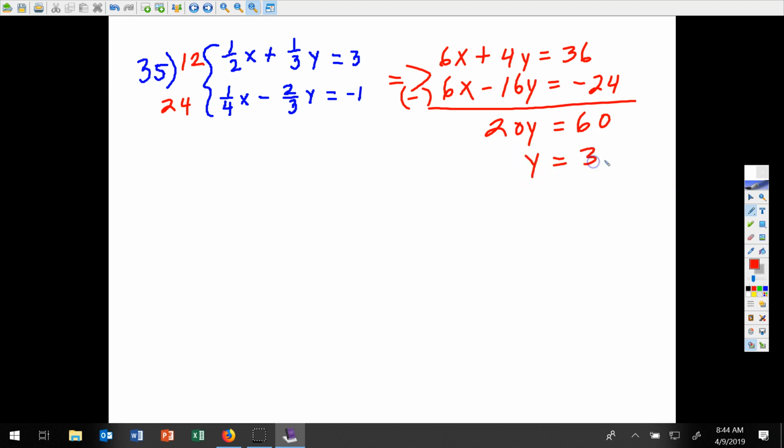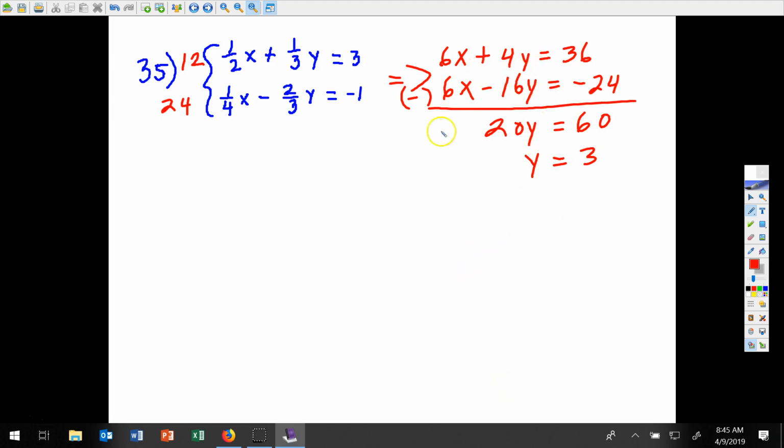So who got Y as 3? Okay. So which equation do you think it would be better to plug 3 into for Y? Top or bottom? And you can use these as well once you've already changed them from their non-fraction form.